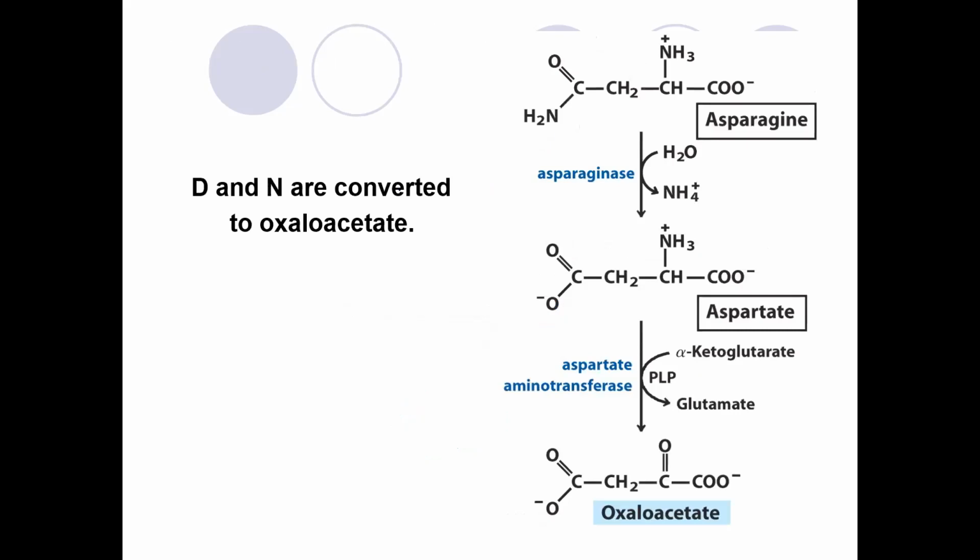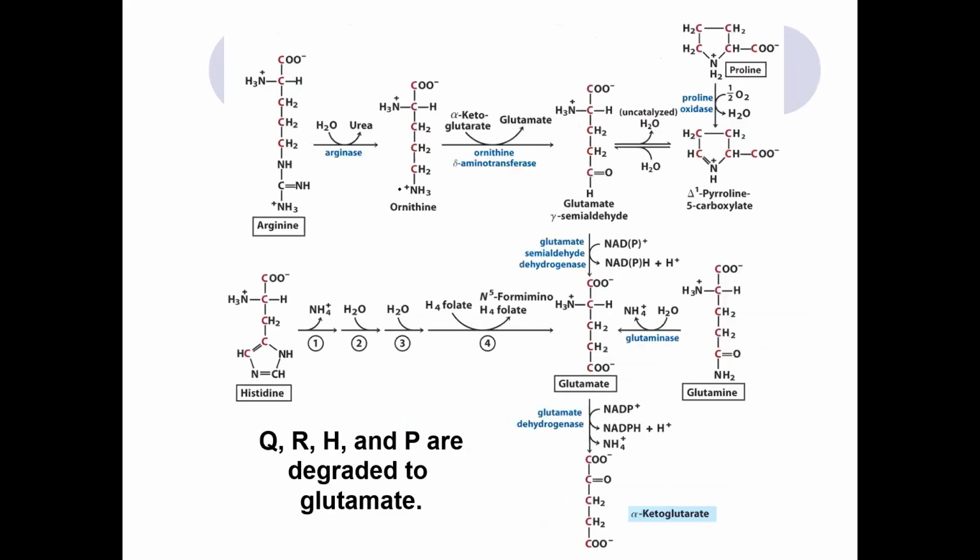Glutamate is degraded to alpha ketoglutarate, as is glutamine, as is histidine, proline, and arginine. So these are the so-called glutamate family.